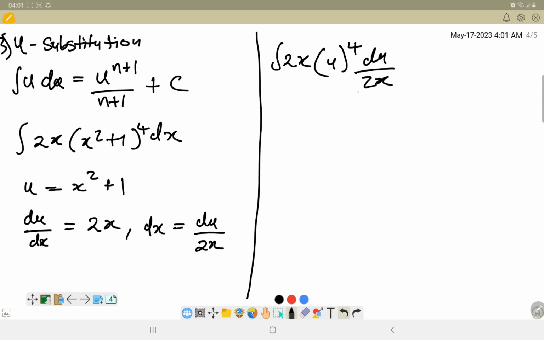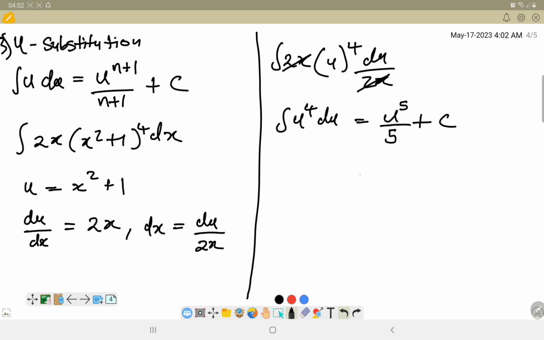Then we can see that this 2x and this 2x can cancel. Then we are left with u to the power 4 du. If we apply the u substitution formula, we end up having u to the power 5 over 5 plus c, because our n now is 4, and 4 plus 1 is 5.